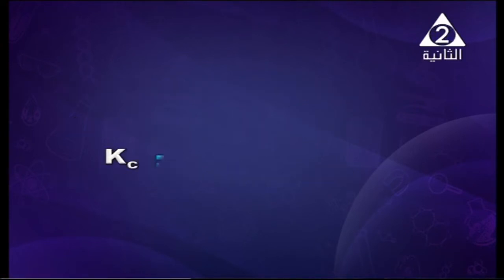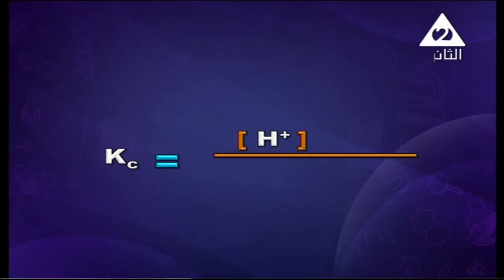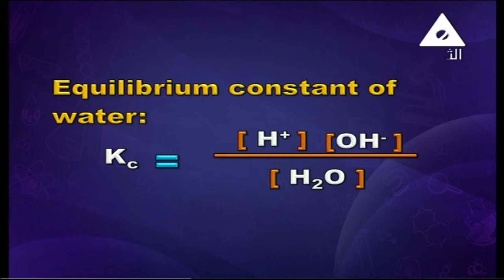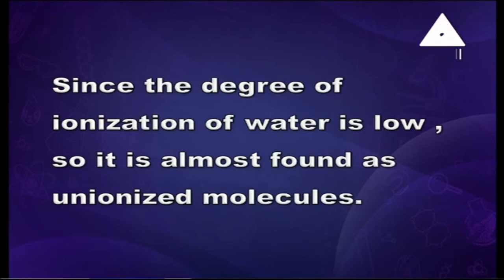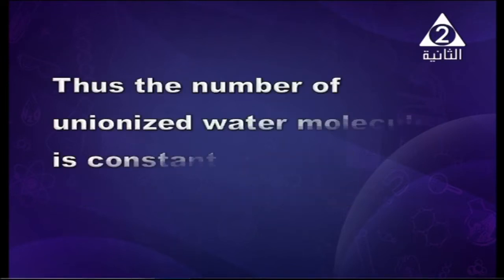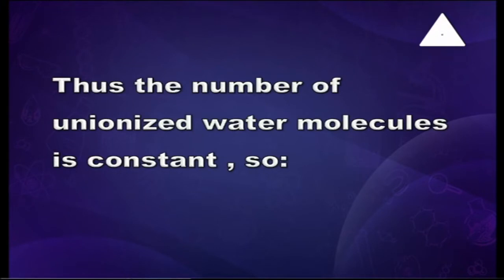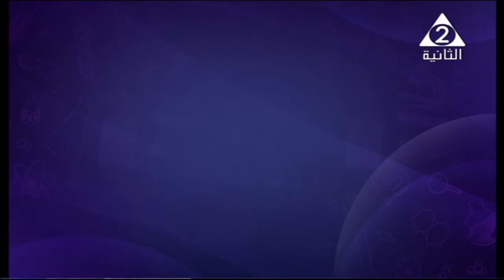Here Kc equals hydrogen ion concentration times the concentration of hydroxide ion over the concentration of water. Since the degree of ionization of water is low, it is almost found as unionized molecules, so the number of unionized water molecules is constant.